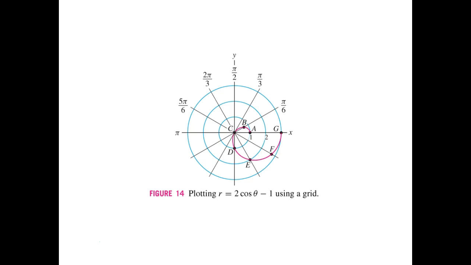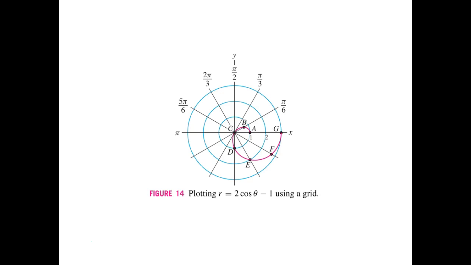What you would typically do is start with theta equals 0. Theta equals 0 is going to be somewhere along the x-axis. And when theta is equal to 0, what's cosine? 1. 2 times 1 is 2, minus 1 is 1. So you're starting at 1. Then you increase theta a little bit, and pi over 6 is not a bad one to choose.